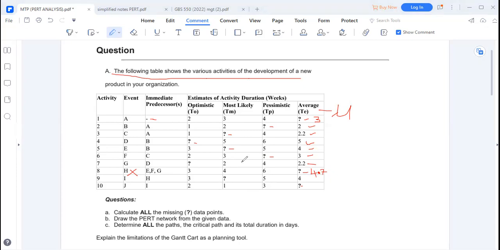So for J, we are going to say our time expected is actually going to be optimistic plus 4 times most likely, then plus the pessimistic, then over 6.